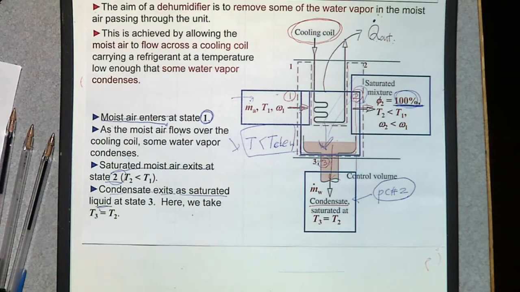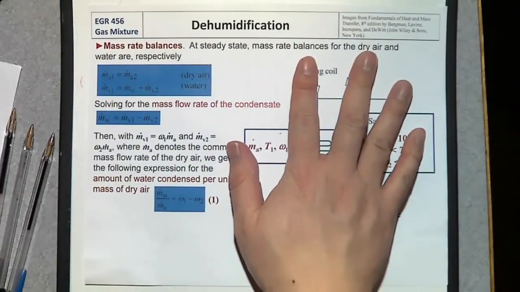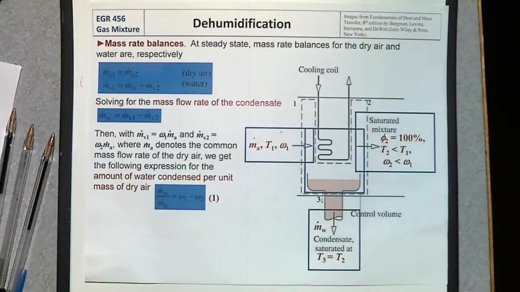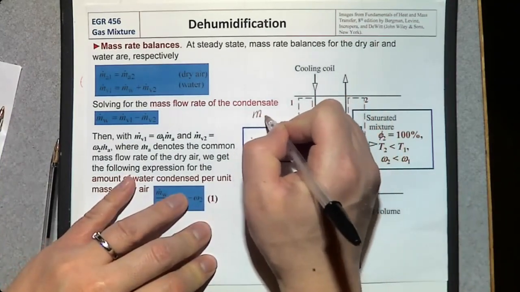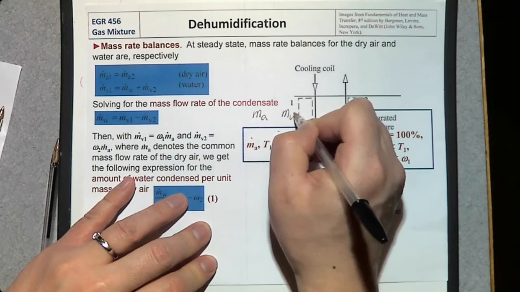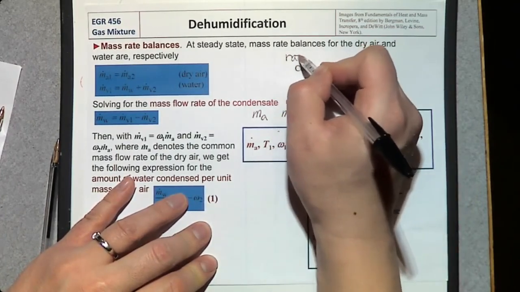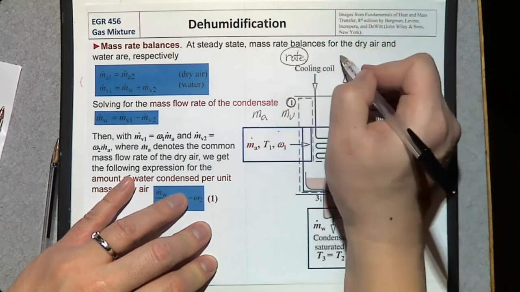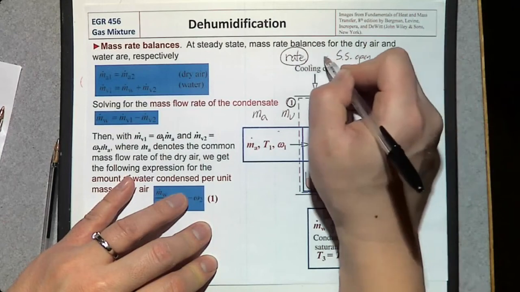Then based on that, let's talk about mass balance first. Mass balance is the same as what we discussed already. So we have mass of air and mass of vapor together at the inlet number 1. And since we are using the rate form, whenever we have a steady state open system, we use a rate form.